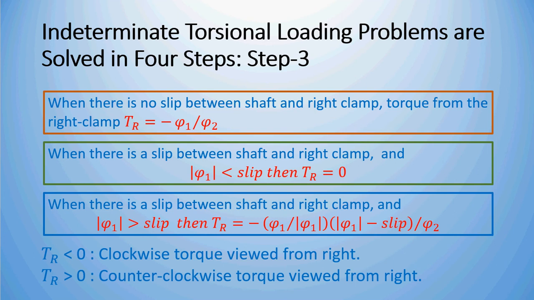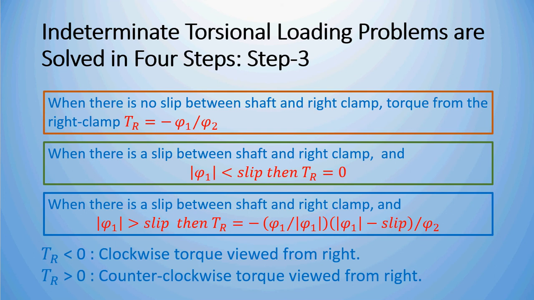From the very beginning, it is reacting completely. In this case, in order to find the force in the right clamp, the reaction, you just take the negative of the net twist 1 divided by net twist 2 from step 2. And that will be in the base units of whatever you're working with, be it Newton meters or inch pounds or so on. As long as you stay consistent, it will work out.